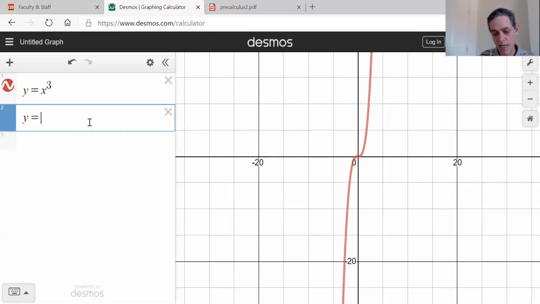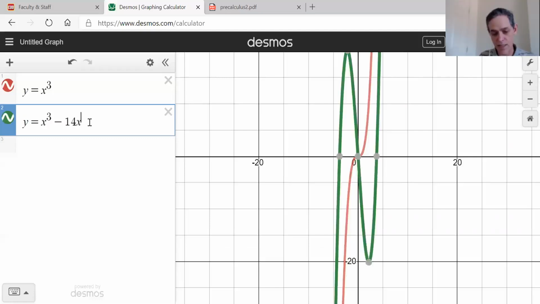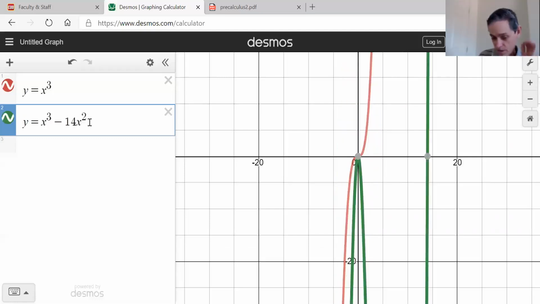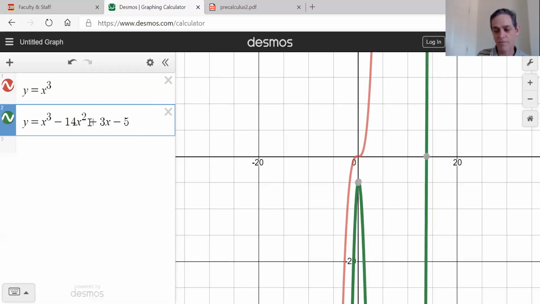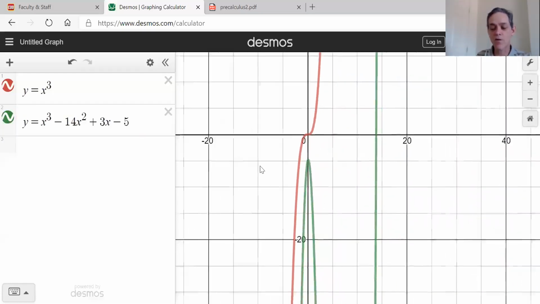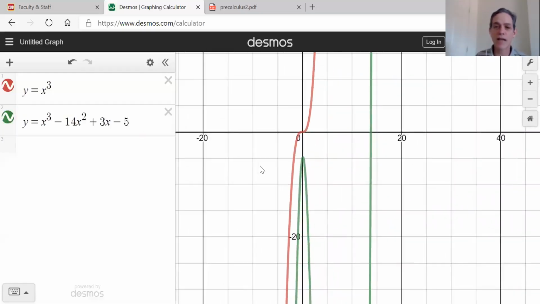Y equals x cubed minus 14x squared plus 3x minus 5. Okay, so there we go. Those two functions look really different, right? The x cubed shown in red, and then this other one, x cubed minus 14x squared plus 3x minus 5 in green. Of course, the two functions there look totally different from one another.